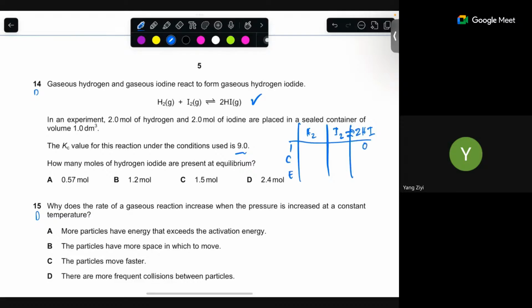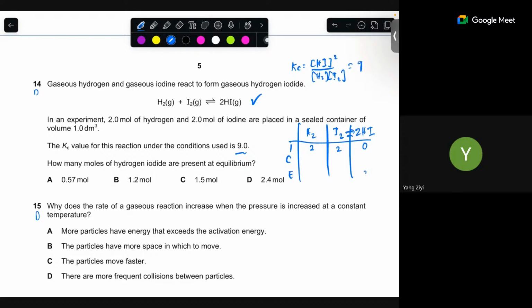But you are using 2 moles of this, 2 moles of this, and the volume is 1. The Kc value is 9. So Kc is going to be HI to the power of 2 divided by H2 and I2. How many moles of hydrogen iodide are present at equilibrium?